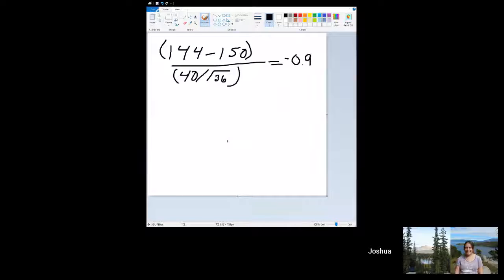Try doing 40 divided by the root of 36. And you should get 6.667. And then do negative 6 divided by that answer. Yeah, that's what I did with the calculator. So I just broke it down.